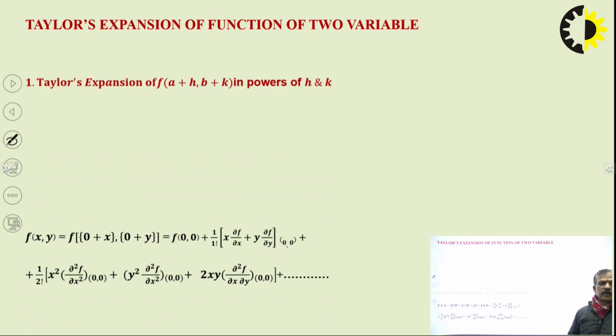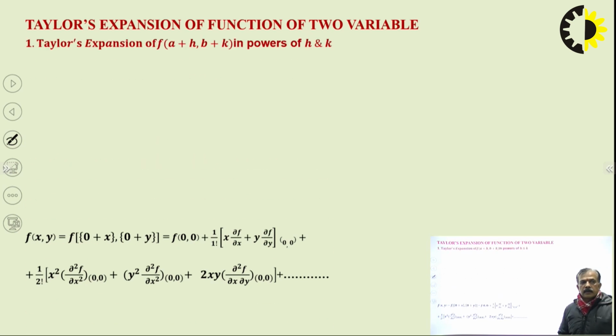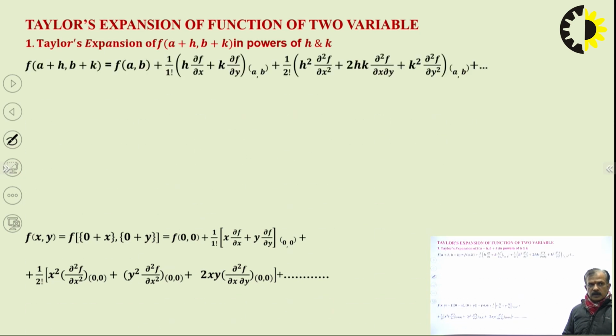Now, we will discuss the expansion of a function of two variables. For this, we have the function in the form f of a plus h comma b plus k.